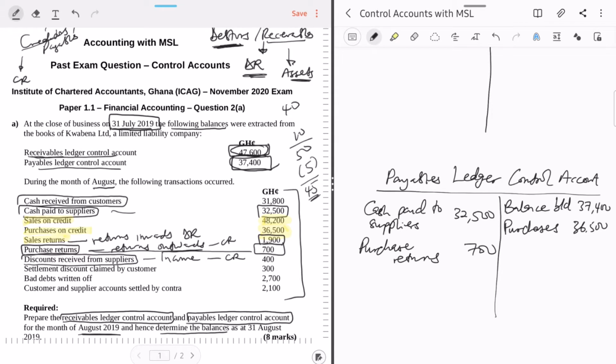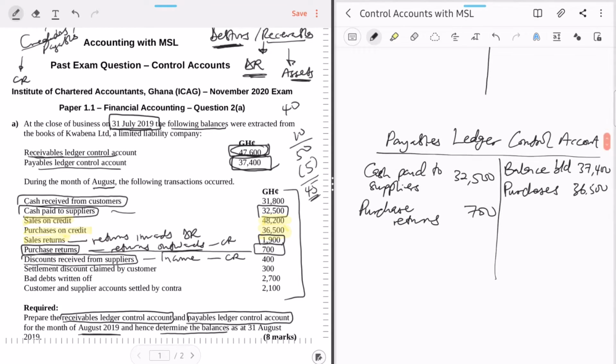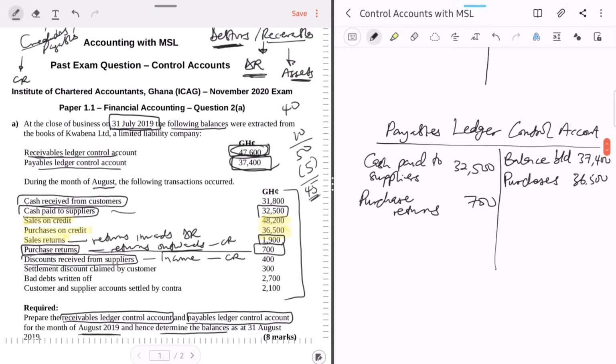If you have credited discount received, when do you get discounts? You get discounts when you are making purchases. It's when you go to buy something that someone gives you a discount. So if you get a discount and you've credited discount received, where will the debits come to? The payables ledger control account. So I come to the payables ledger control account. On the debit side, then I write discounts received of what? 400.